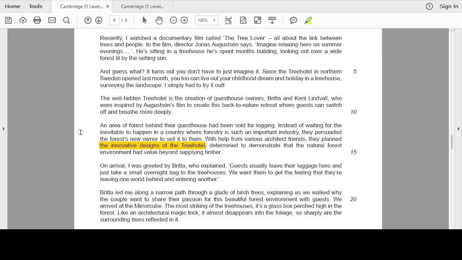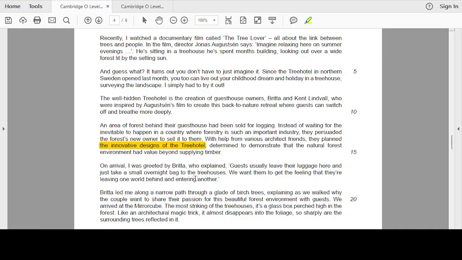Kais, Bakar, Amariza, anything? 19 and 20.